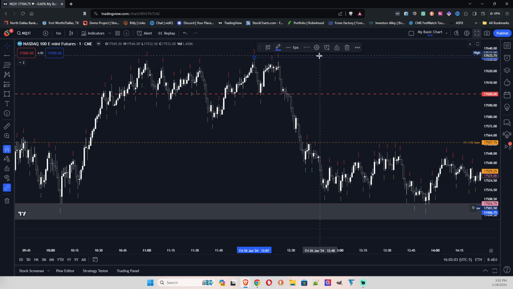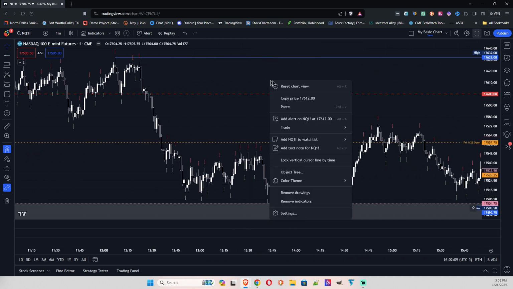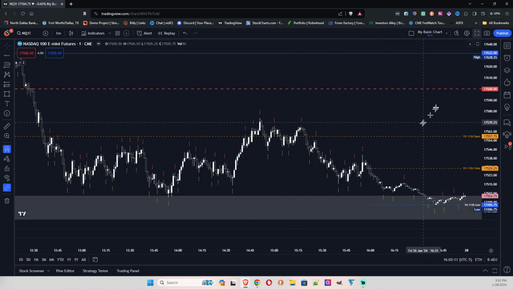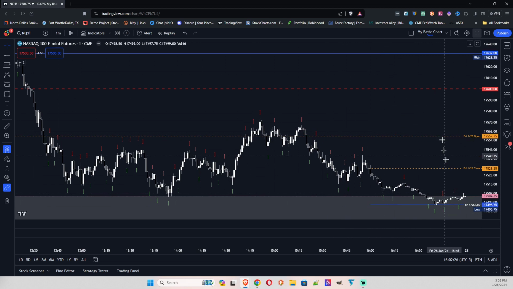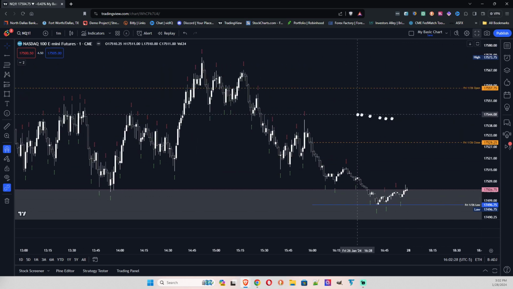Sorry for the confusion, folks. That looks much better. Now my previous low and high are marked, and my open and close.